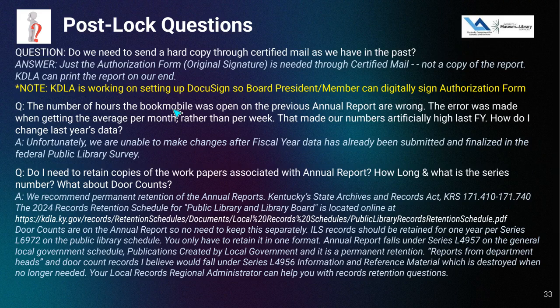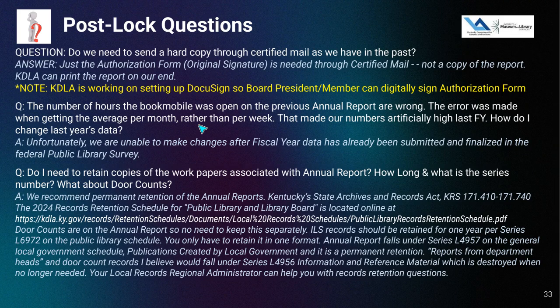Next question. The number of hours the bookmobile was open on the previous annual report is wrong. The error was made when getting the average per month rather than per week. That made our numbers artificially high last fiscal year. How do I change last year's data? I'm sorry you can't, but you can make a note of it to explain these exact words in the notes section for the bookmobile hours.